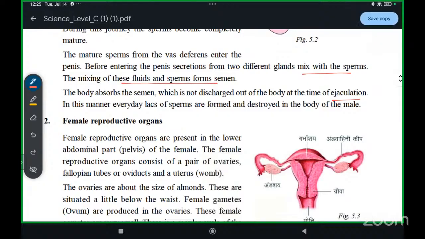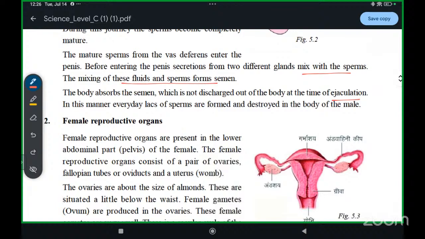So, lakhs of sperms are formed in the body of men and are destroyed every day. But is that harmful? No, that is not harmful. It is a natural process. They form and are destroyed. Now, when there is no release, there is something called wet dreams, that boys and men face, in which while they are sleeping, this release takes place.